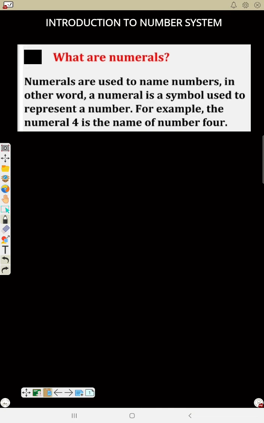So, if I have 8/4, this is also 4. That means this is just a symbol to represent number 4. This is a numeral 4, just a symbol to represent 4, and it is used to describe 4 things.